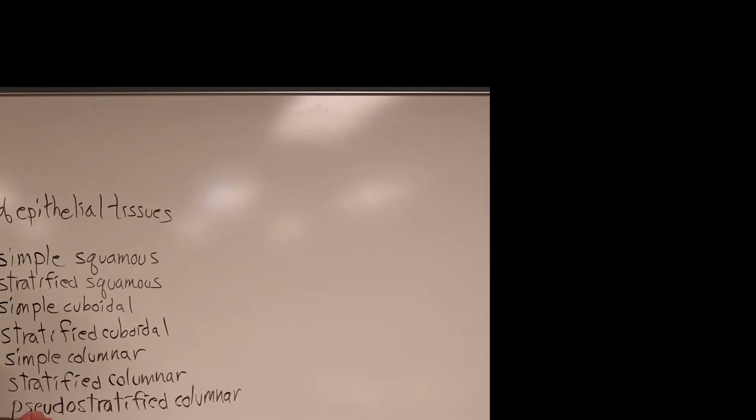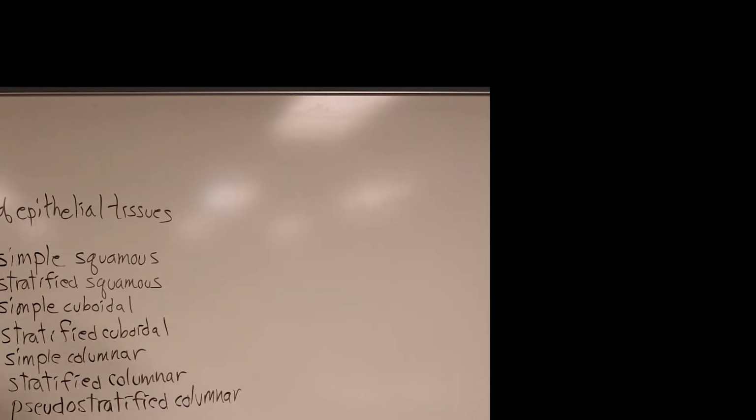It looks like maybe it's made of multiple layers of cells, but in fact all of the cells make contact with the basement membrane and extend up from the basement membrane at varying heights, and they squeeze together to make them look like multiple layers of cells when they're not. So pseudostratified columnar epithelium is found through most of your respiratory system.